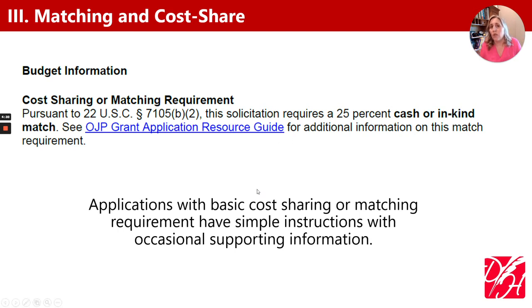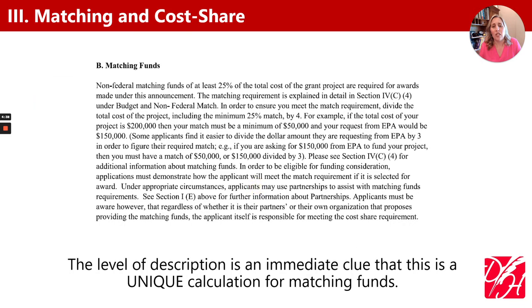Now, as we're reading those guidelines, when we find our matching or cost share requirement, we want to carefully seek out any calculation information. Here on this screen is one such example. This comes from an EPA grant application, a set of guidelines that was available. And that's a very weighty paragraph talking about matching funds.